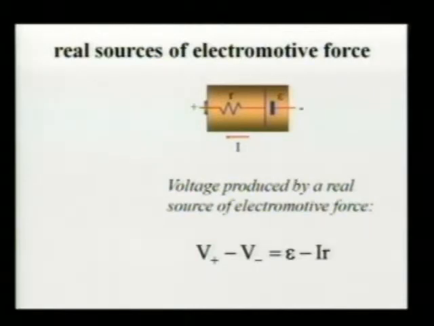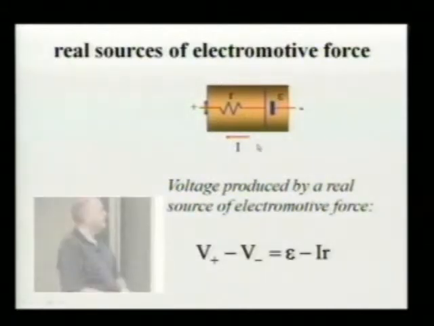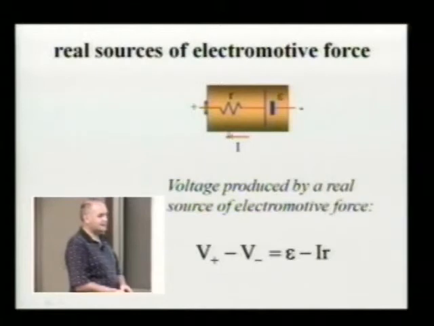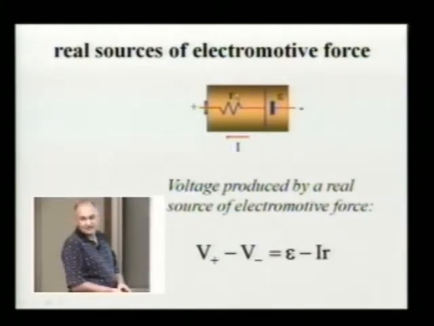Two slides back. Of a resistor. Of a resistor, correct. You should recall the slide with the resistor. If current flows this way, positive current gives a positive value for the product of current and resistance.